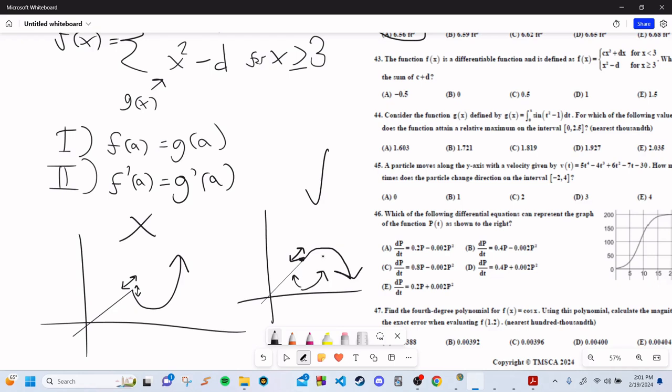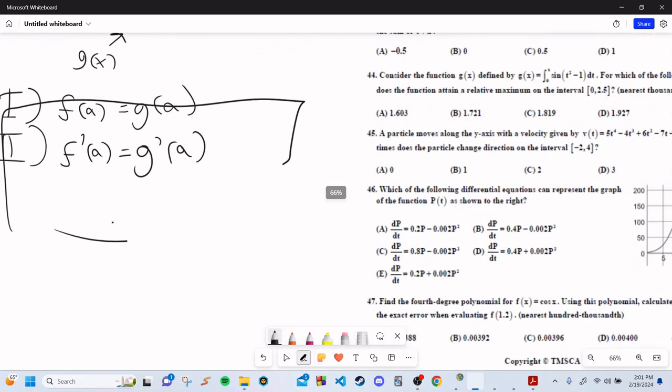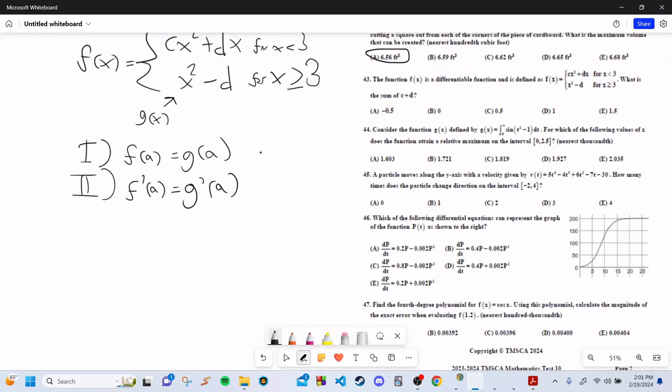So basically what the second condition makes sure is that the transition is smooth. So these are the two conditions you've got to know for your piecewise function to be differentiable. This one makes sure it's continuous, and this one makes sure it's differentiable.